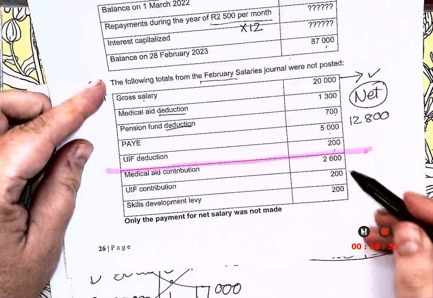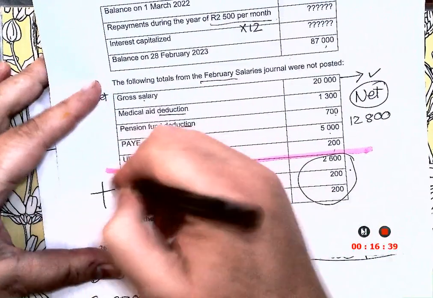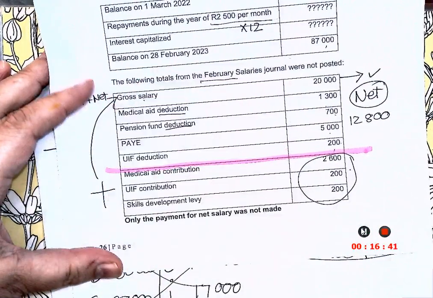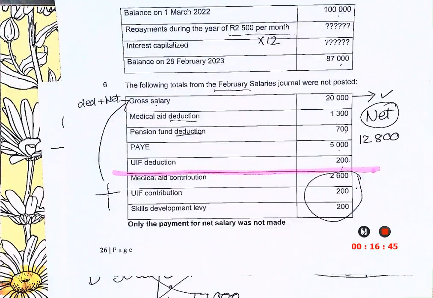I put it here because I don't know what they're going to tell me further. Okay, so just wait. Now they get to the contributions. The contributions are extra to the gross. Can you see deductions make the gross less? Contributions make the gross more.